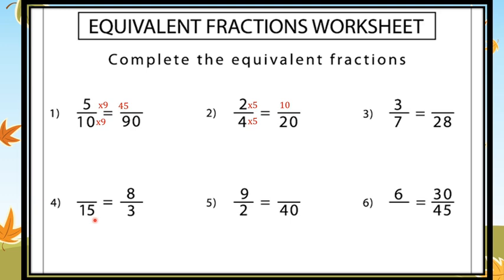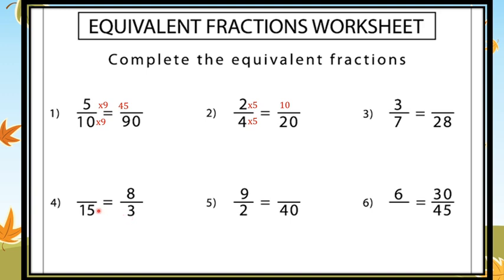We are going to find out how many times of what table is read over here that 15 has come. So we can go opposite. We can read the table of 3 to find 15. 3 ones are 3, 3 twos are 6, 3 threes are 9, 3 fours are 12, 3 fives are 15.